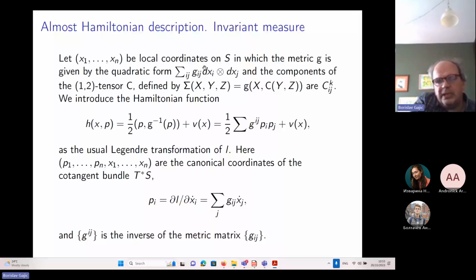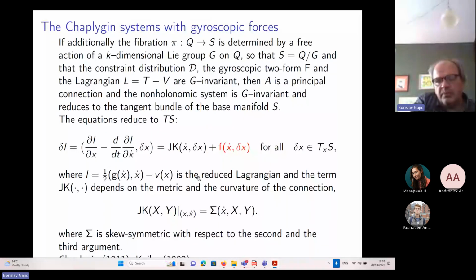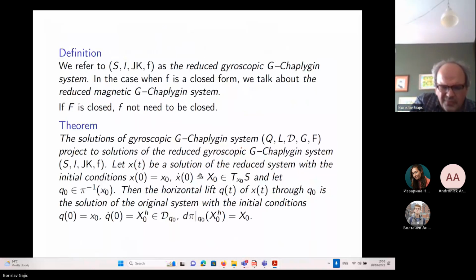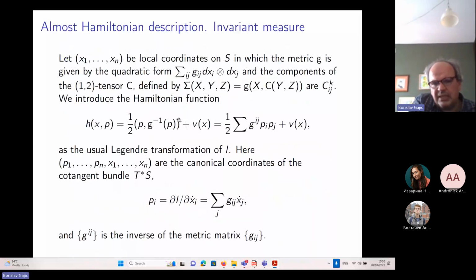Sigma is, if you remember, given by this term in these equations. This depends on curvature and connection. This is a 0,3 tensor, and using the metric we made this 1,2 tensor C. We have the classical structure on the tangent or cotangent bundle of S, and one can then find it in a canonical way.